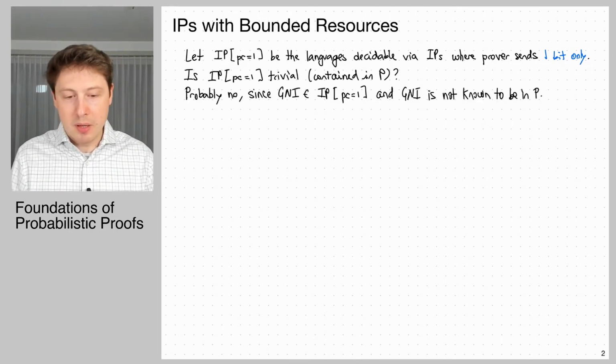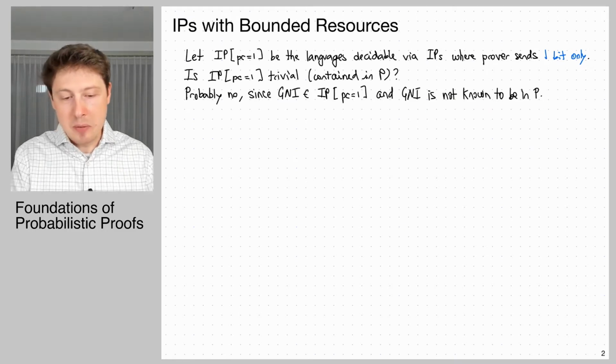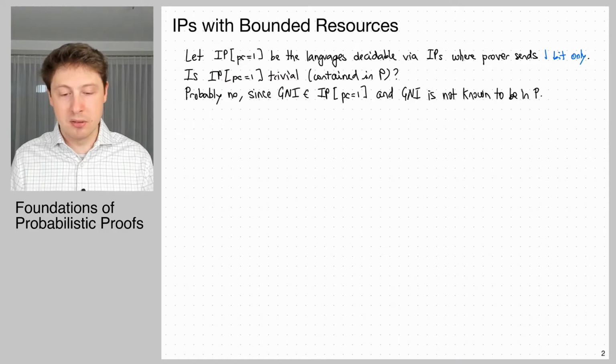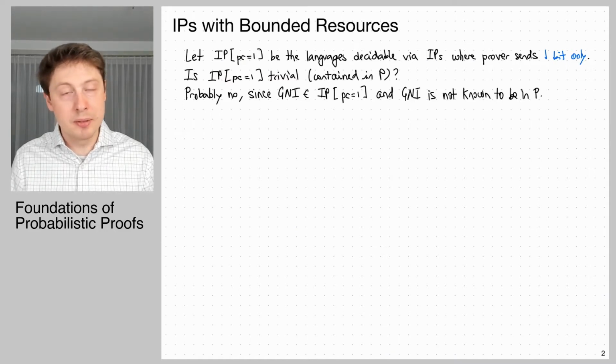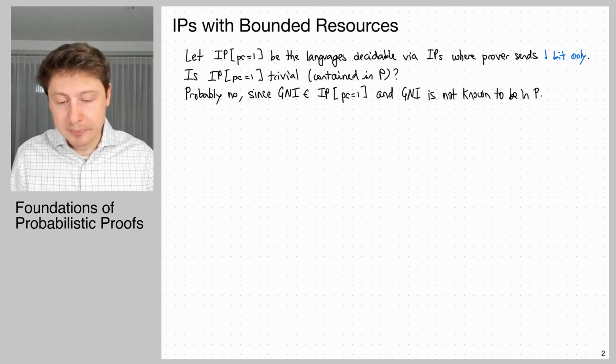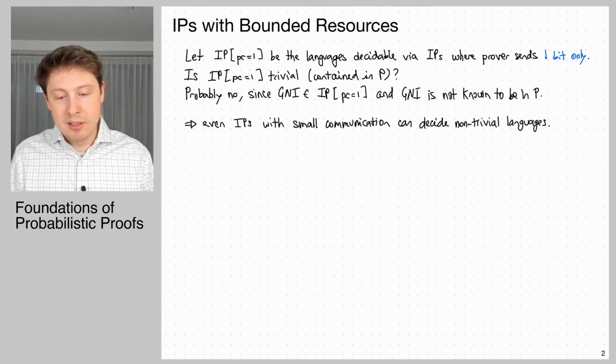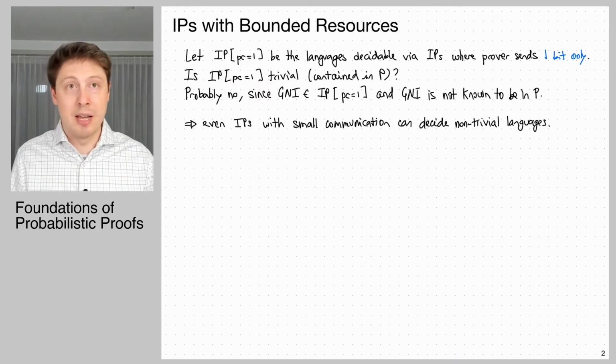So we've seen an interactive proof for a language, GNI, that at least at the moment is not known to be in P. So if that is your belief, then probably this rather restricted complexity class of interactive proofs where the prover sends 1 bit is not trivial. Doesn't mean it's powerful, but it's non-trivial. So this is telling us that even interactive proofs with small communication can decide non-trivial languages.